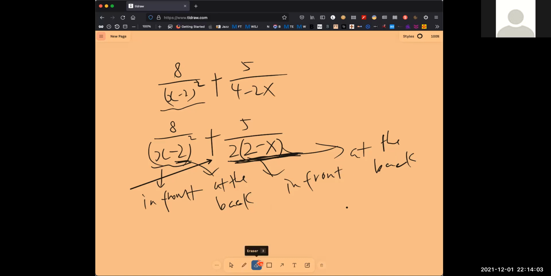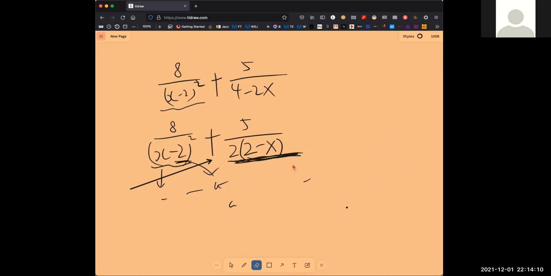When the order is different, the technique is this. Let me demonstrate to you the technique. They are similar, but the order is different. So the technique is you need to change the order. I don't see any opportunity to change the first fraction, so I just copy it down.